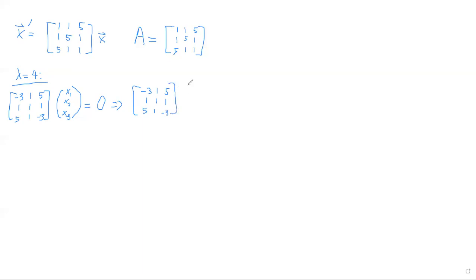I'm not going to include the column of 0, 0, 0, because regardless of the operations I do on the rows 1, 2, and 3, this column will not change. So I'm just going to omit this column. In homogeneous equations where it's not equal to 0, I don't omit it, but when it's equal to 0, I can just omit it.